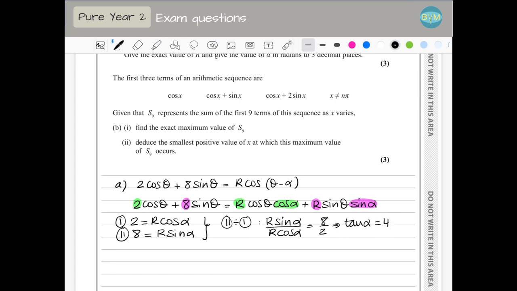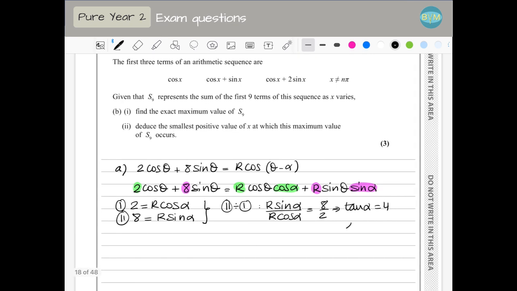If you do tan minus 1 of 4 with the calculator in radians, you get that alpha is 1.3258. So rounded to 3 decimal places, it is 1.326 radians.